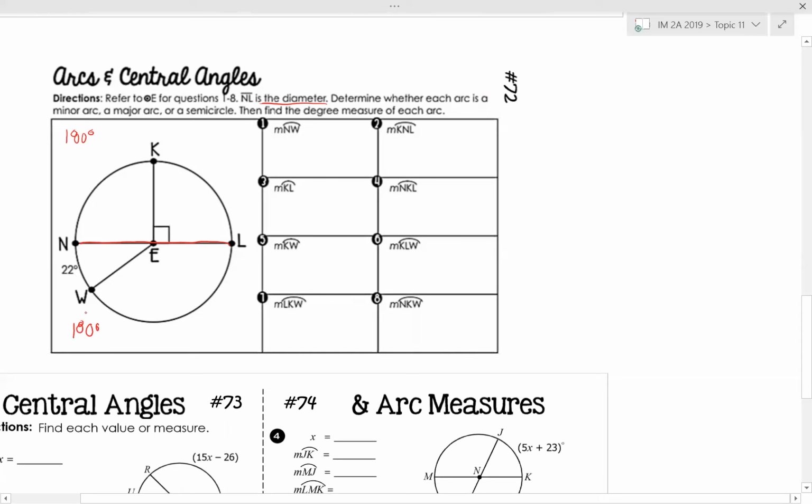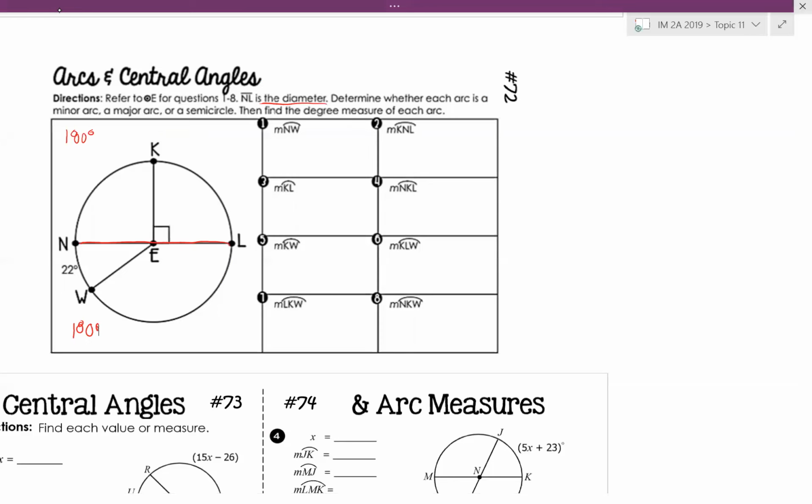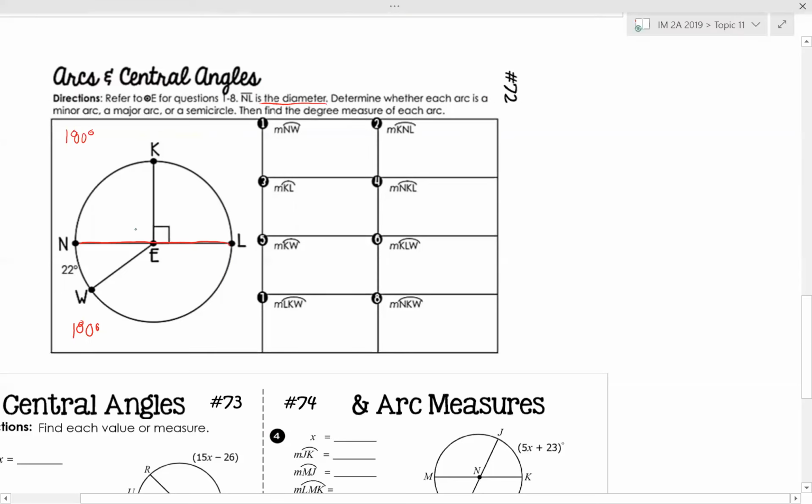Looking at that, we can figure out what the other pieces are right now and then use those to find the other answers. Remember that if I have this labeled as a right angle, that means that this is also 90 degrees. Since this is 180, I know that this 90 plus another 90 gives me that 180.